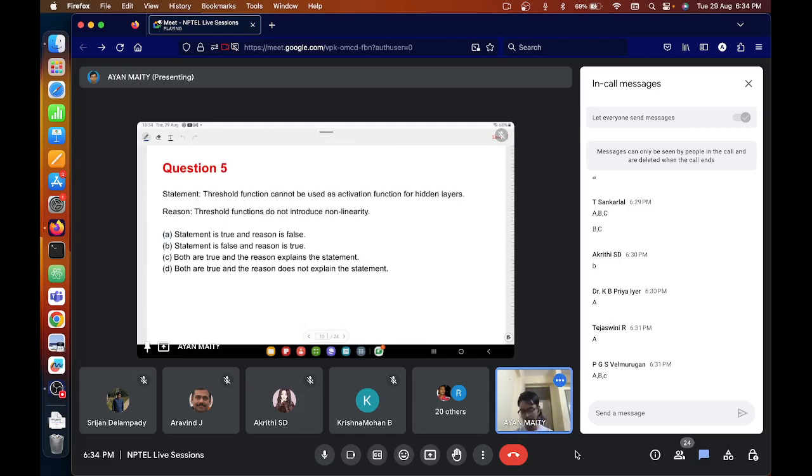Question 5. So there is a statement and there is a reason, so you have to answer whether the statement is correct and also whether the reason is correct.